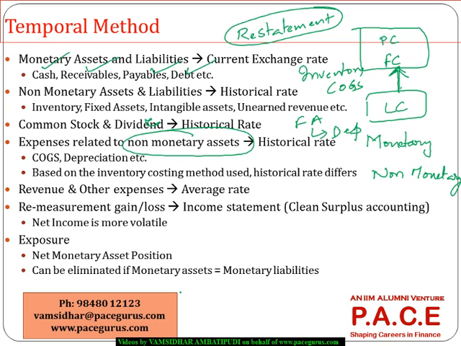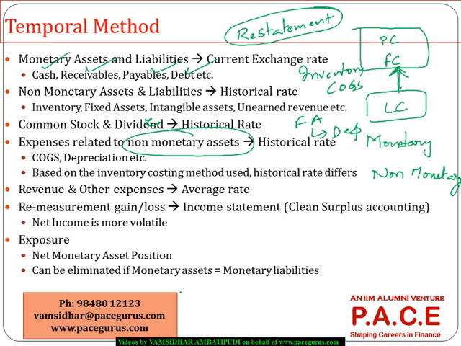Probably all the monetary assets and liabilities, as well as the income statement items which are relating to non-monetary assets and liabilities, even common stock and dividends. These are the things that are common. Whereas in the balance sheet, rest of them are measured as of the current rate.